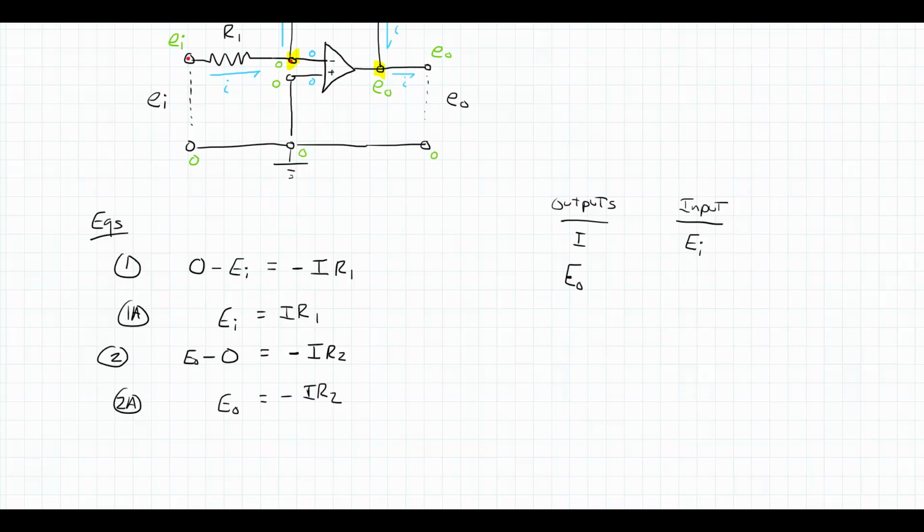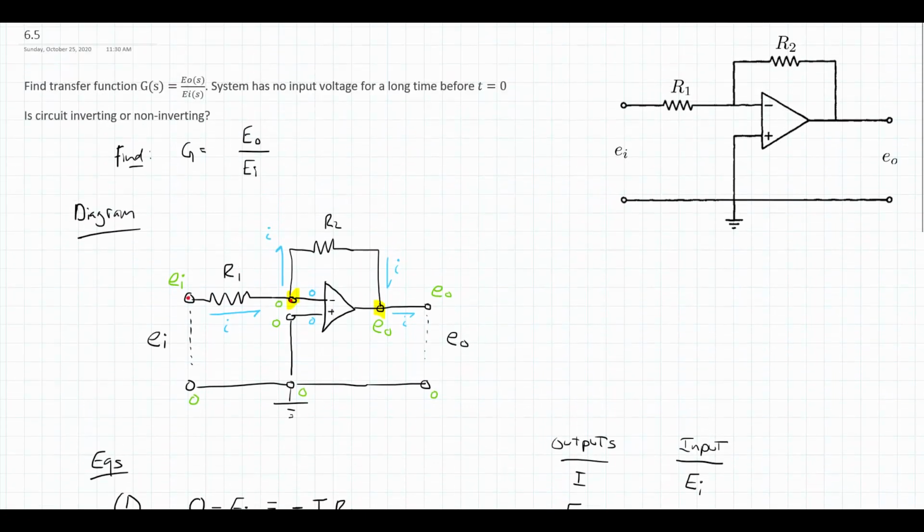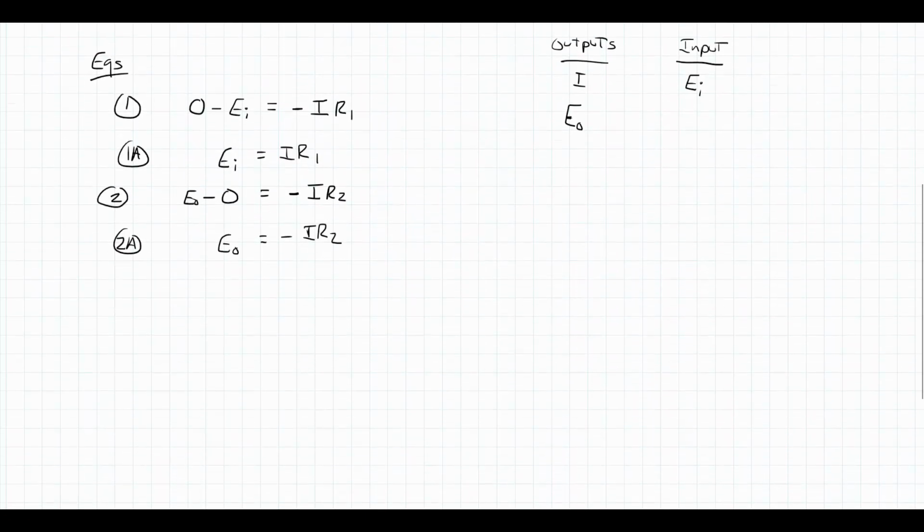I can get to the transfer function that I want, because I want Eout over Ei. So either use Mathematica, or this one is easy enough to do by hand. I'm going to take equation 2a, and I'm going to divide it by equation 1a. So why am I doing this? Well, this lets me have here Eout equals negative IR2 over 1A is Ei equals IR1.